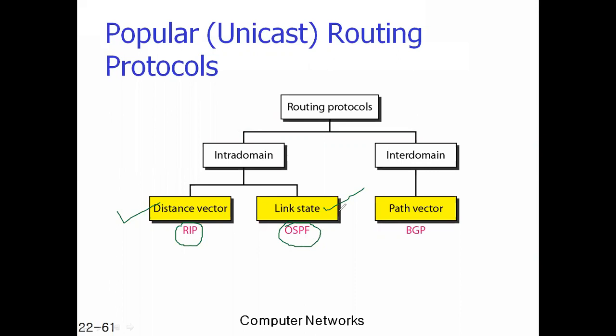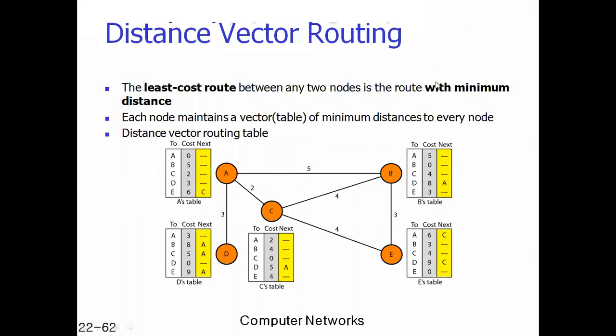Similarly, OSPF is designed based on link state, and the inter-domain protocol, Border Gateway Protocol, is designed based on path vector. First we'll understand the distance vector routing protocol so that we can easily understand the RIP protocol.